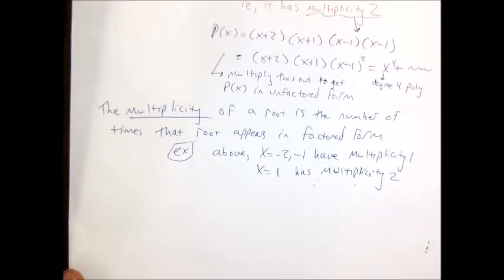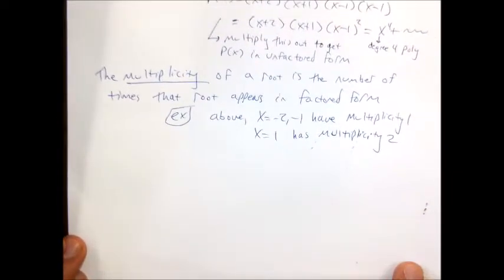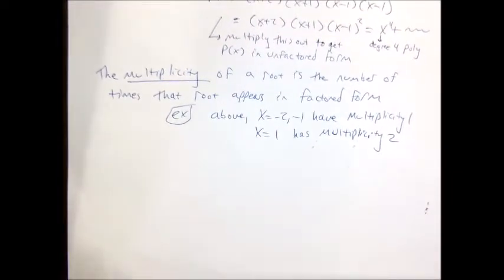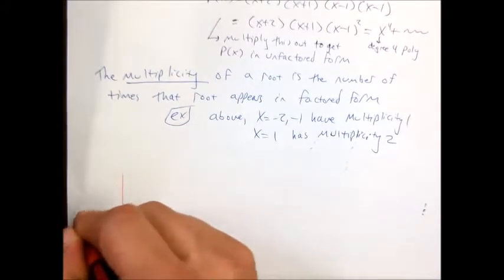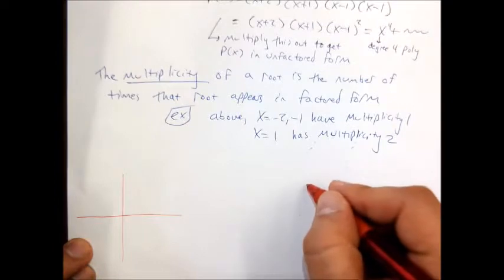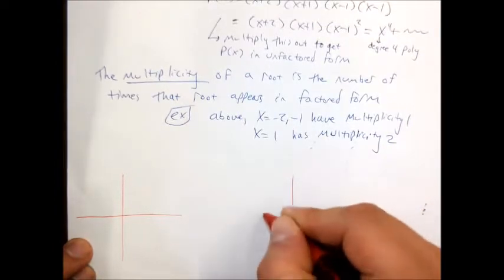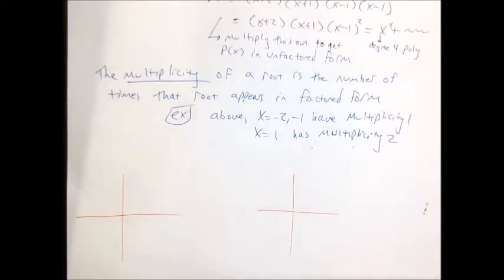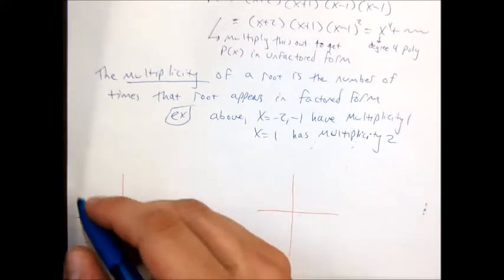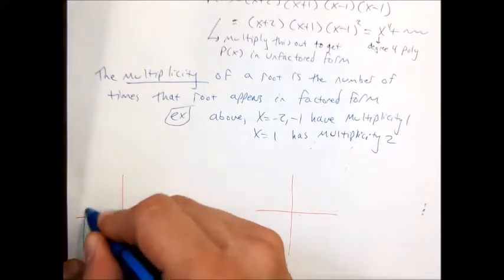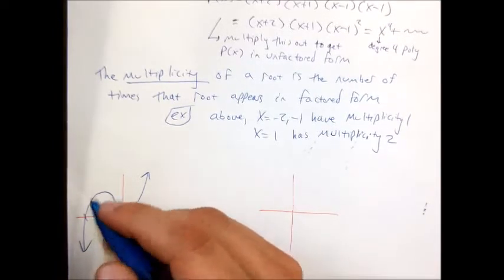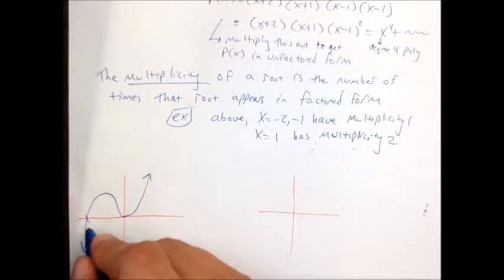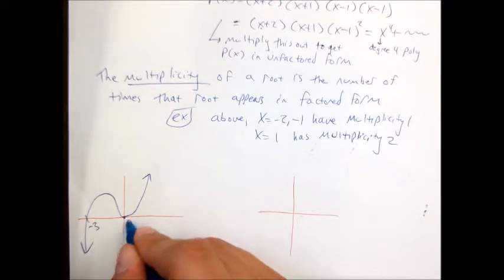Other questions, comments? So let me just draw a couple more here. I'm going to draw one here, and then I will draw one right here. Let's just draw this one. Let's say that one crosses at -3 and 0.